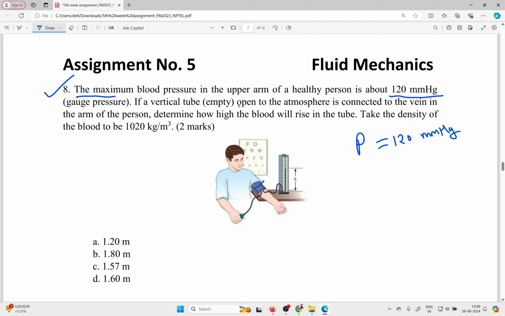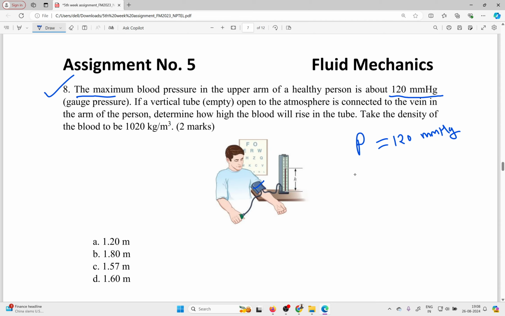If a vertical tube open to atmosphere is connected to the vein in the arm of a person, let's suppose a tube is connected in the arm, as given in the figure. Now determine how high the blood will rise in the tube.